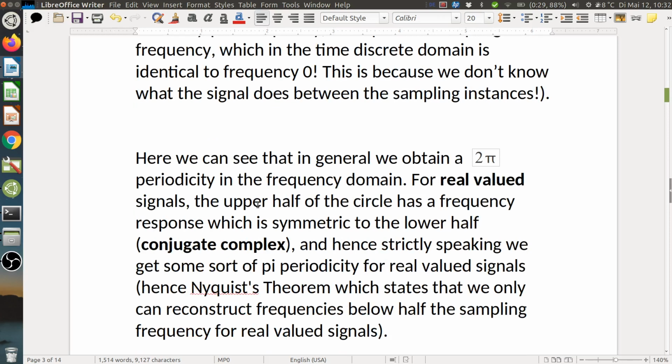For a real-valued signal, the upper half of the circle has a frequency response which is symmetric to the lower half. It's actually conjugate complex, and hence, strictly speaking, we get some sort of pi periodicity for real-valued signals. Hence the Nyquist theorem, which states that we can only reconstruct frequencies below half the sampling frequency for real-valued signals.